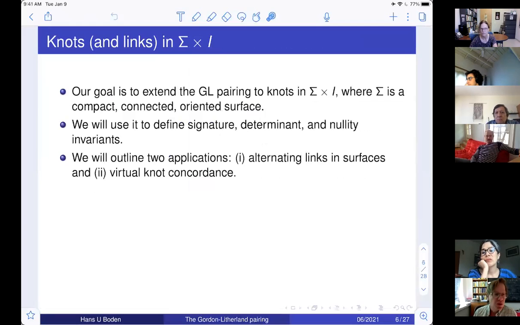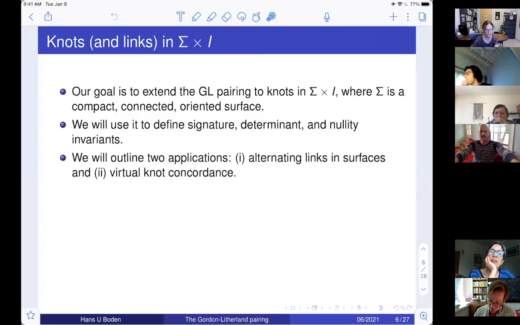And our goal today is to extend that pairing to knots and links in thickened surfaces. So throughout the rest of the talk, sigma will denote a compact, oriented, and connected surface. So we want to describe a Gordon-Litherland pairing here, and then use it to define signature, determinant, and nullity invariants.